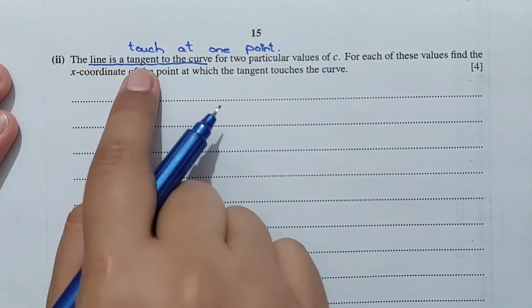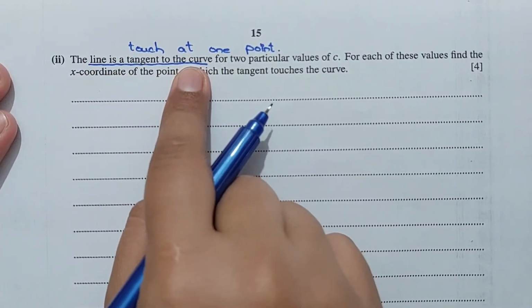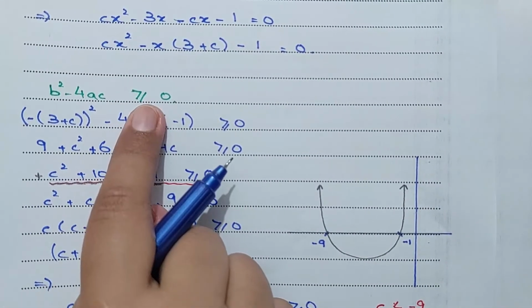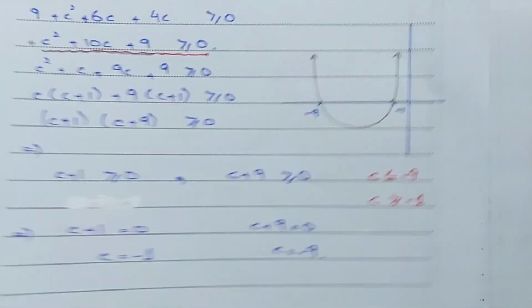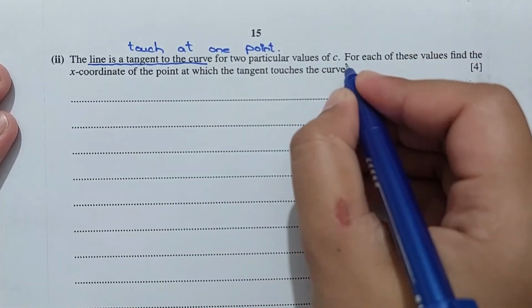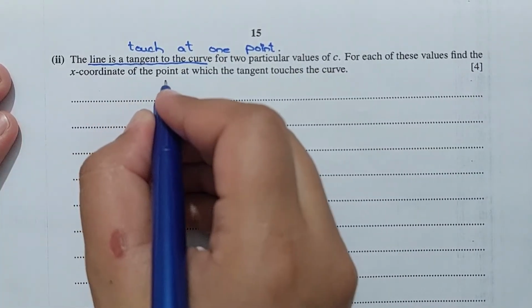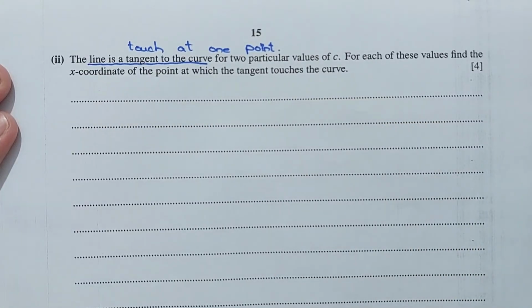So the line touches the curve at exactly one point for two particular values of c. So it is obvious that the discriminant is equal to 0. So the two values are -1 and -9, right? For each of these values, find the x coordinate of the point at which the tangent touches the curve. The x coordinate we have to find, all right?